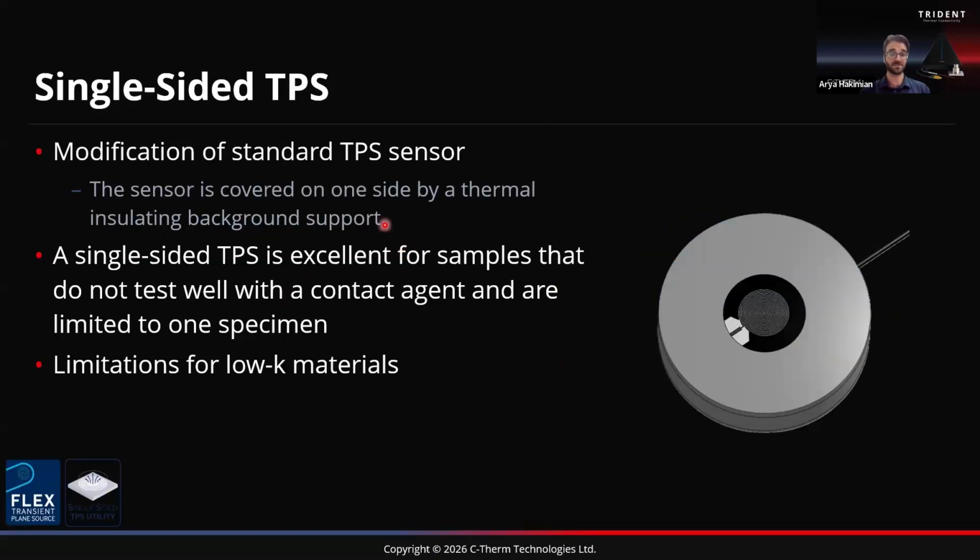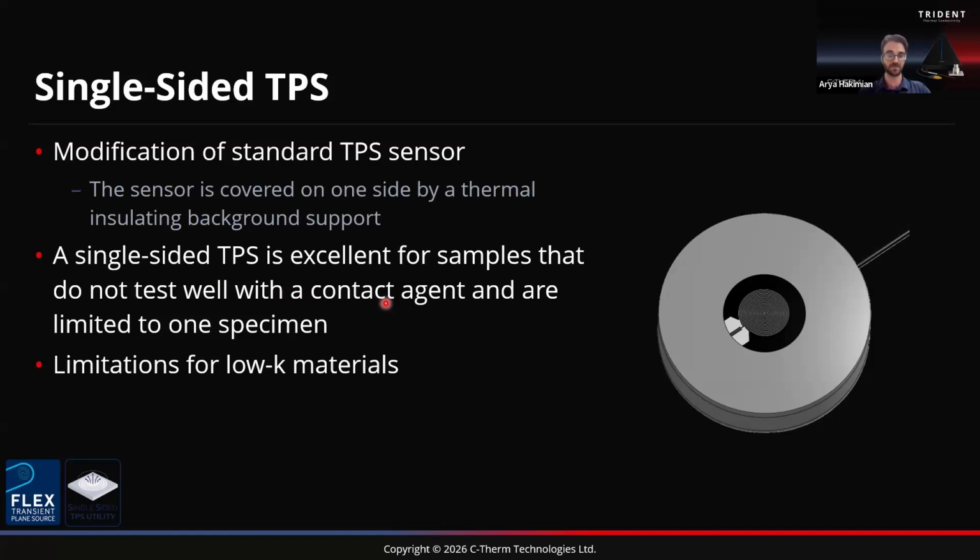Single-sided TPS is, just like I said earlier, a modification of the standard sensor with an insulative backing material. It's a really great option when you are dealing with sample limitations, as well as samples that don't test well with a contact agent.